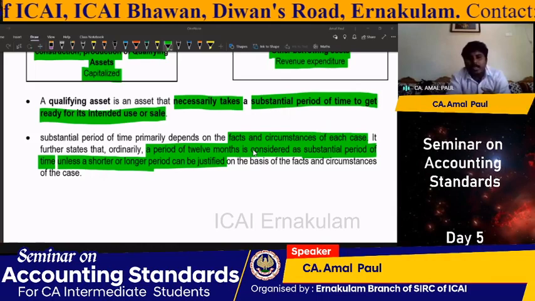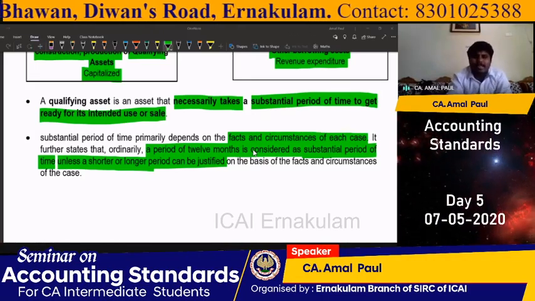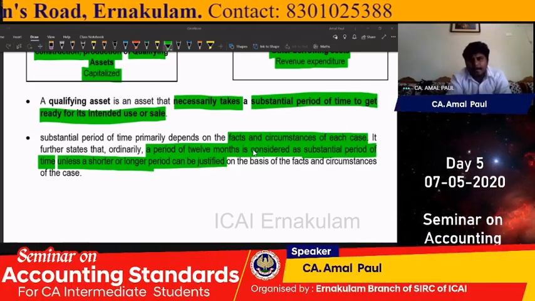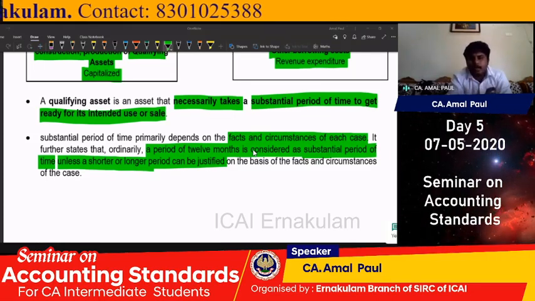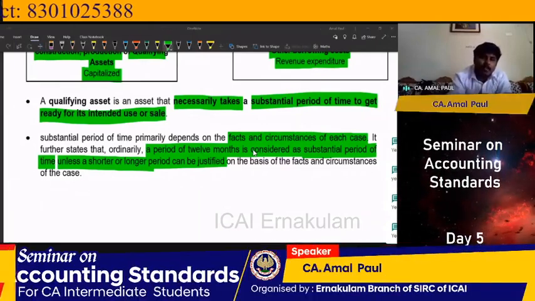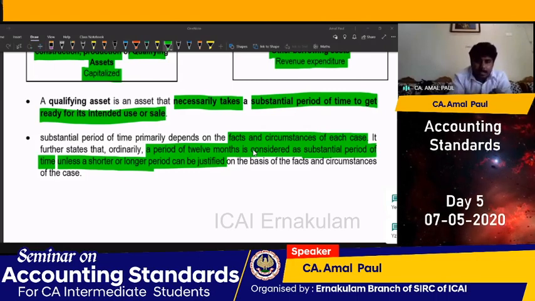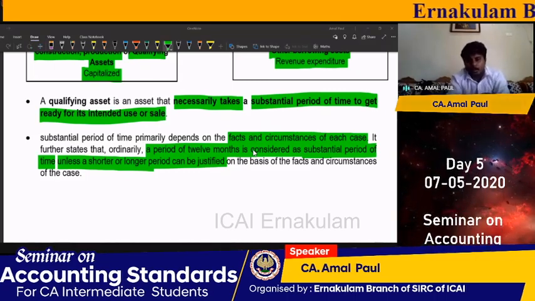Are you clear with the definition of qualifying asset? You should have a substantial period of time to get ready for its intended use. This qualifying asset can be inventory, an intangible asset, or property, plant and equipment.